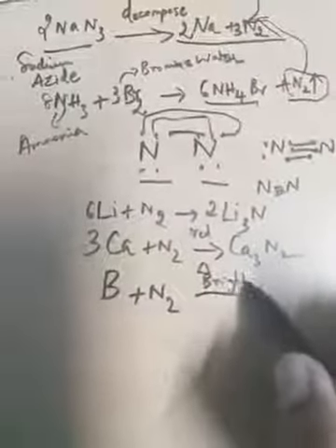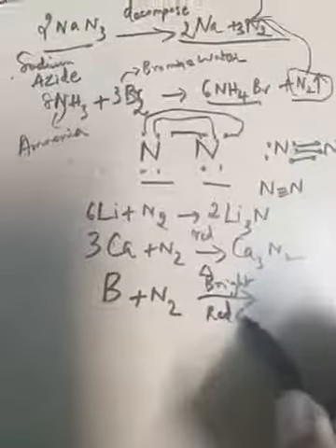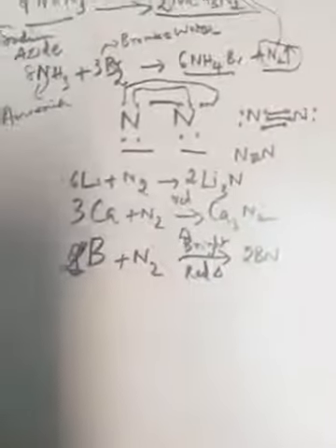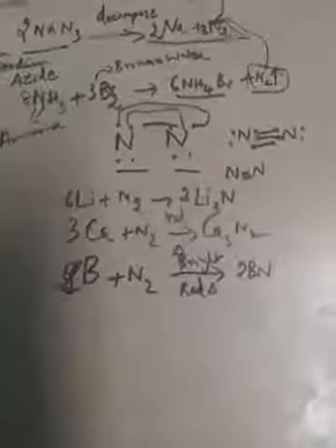If I put boron with nitrogen at bright red heat, I will get boron nitride. Balance the equations. These are some chemical properties of nitrogen.